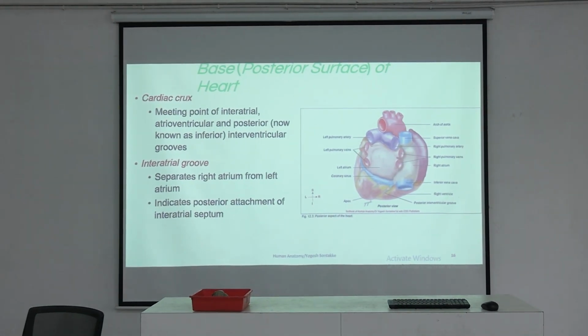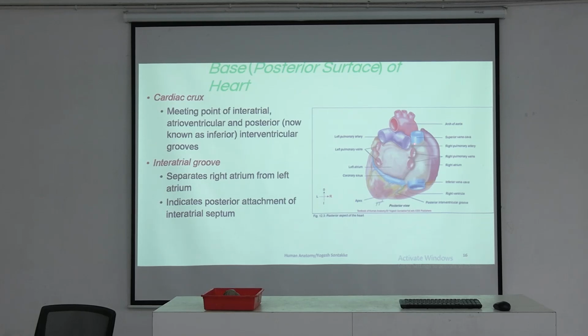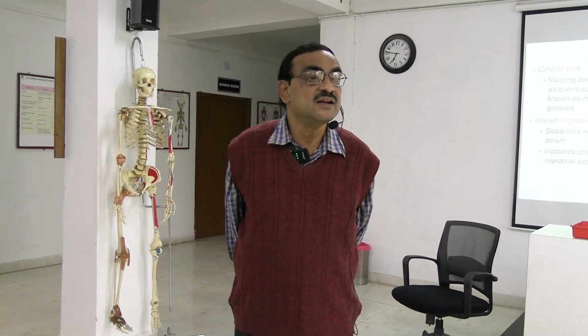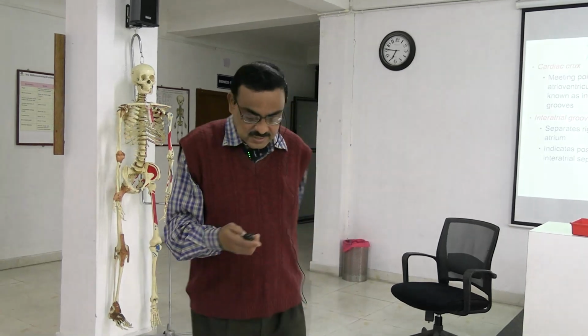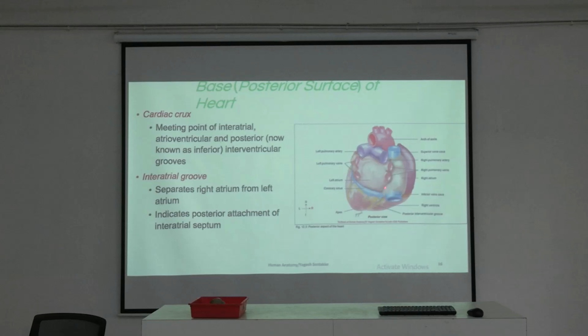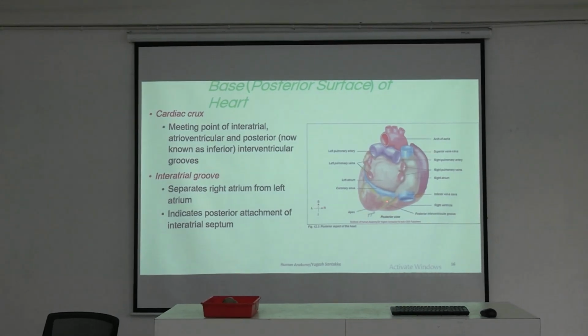We know this is the right atrium, this is the right ventricle, this is the right atrium and this is the left atrium, and in between we can get a groove. Groove means any depression. That groove in between the two atria is called the interatrial groove. Similarly, we can imagine another groove in between the right ventricle and the left ventricle.